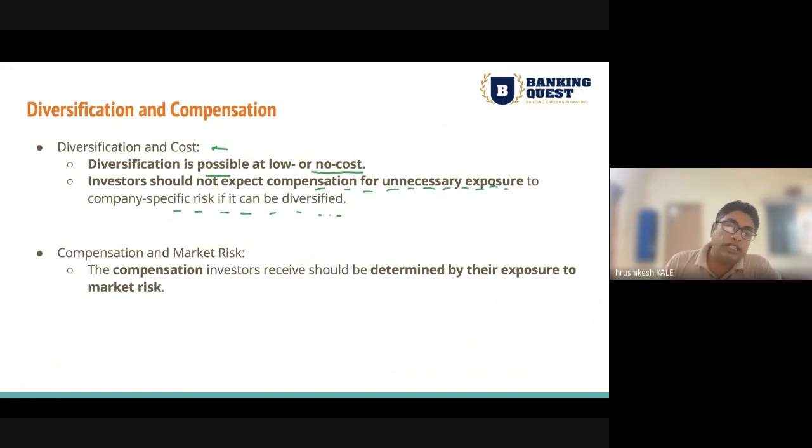So, if the risk can be diversified, if you know that Infosys and TCS are very similar companies, why do you invest complete 100% just in Infosys? You can invest 50% in Infosys and 50% in TCS, so that even if Infosys fails, your 50% amount will remain. So that's the idea behind it.